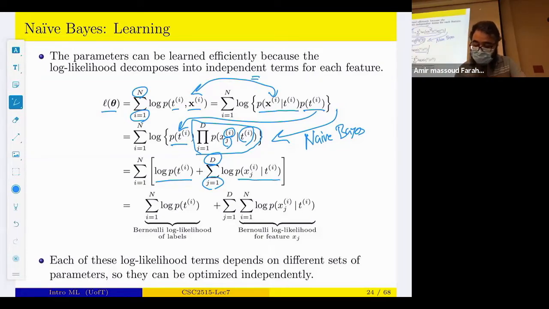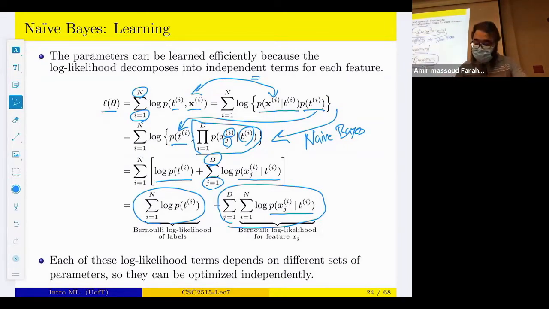The first term would be the summation over data points of the log of P of Ti. And the second one would be the summation over dimensions, then summation over data points, of log of P of Xj of data point i conditioned on Ti.